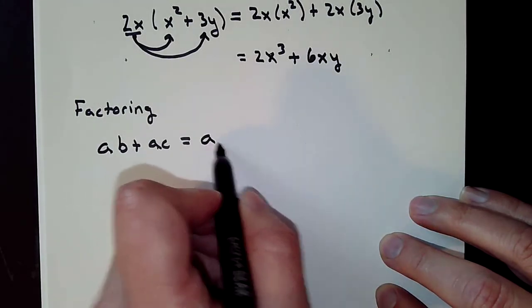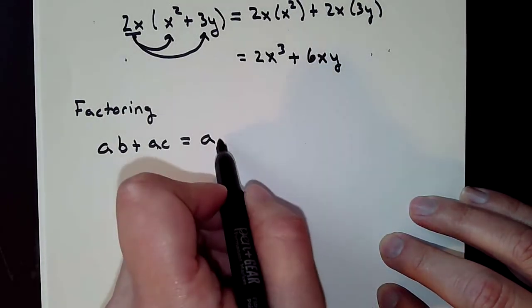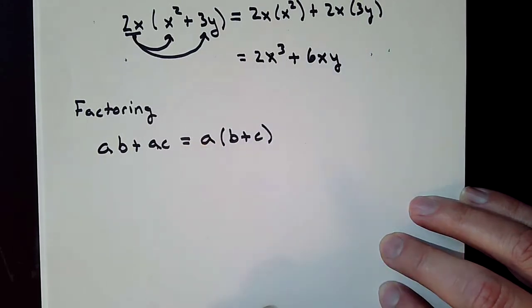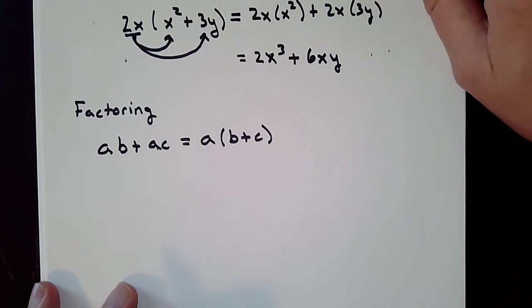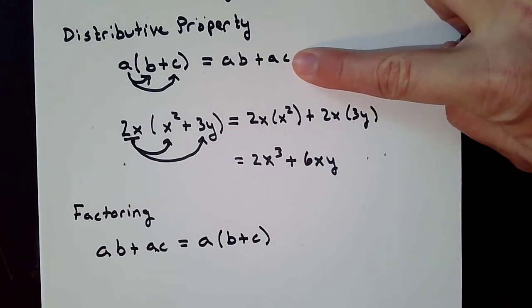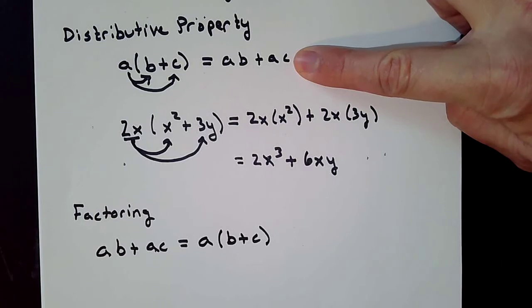And so we factor out the A, leaving behind the B plus C. That is exactly the same equation as this generic example up here. It's just that the equation has been written in the reverse order.